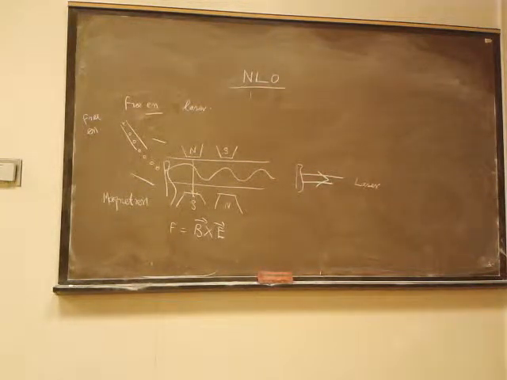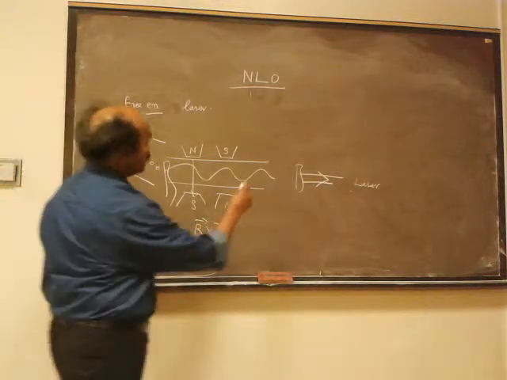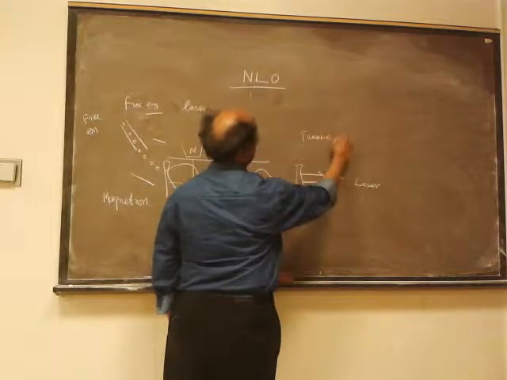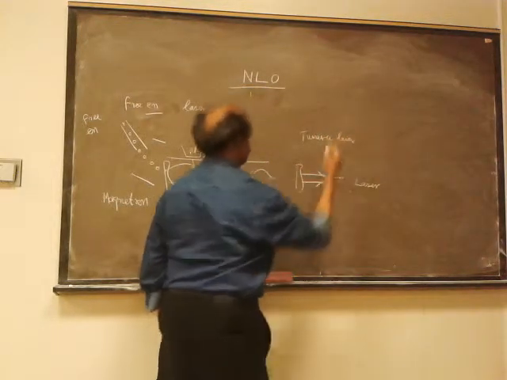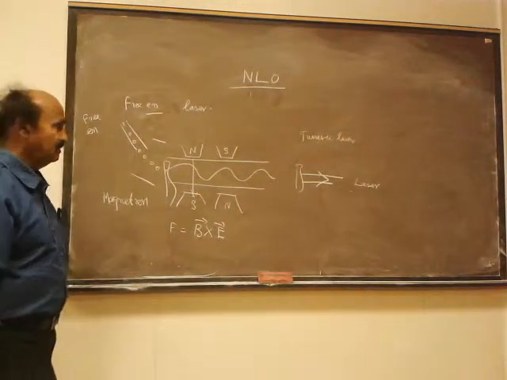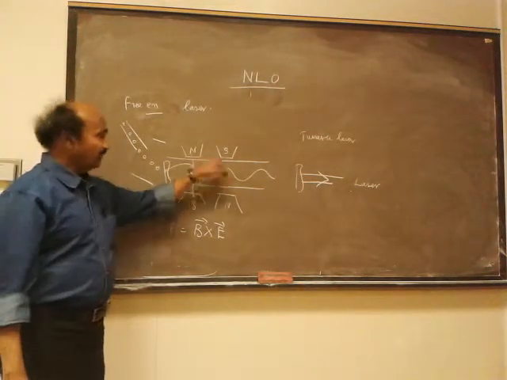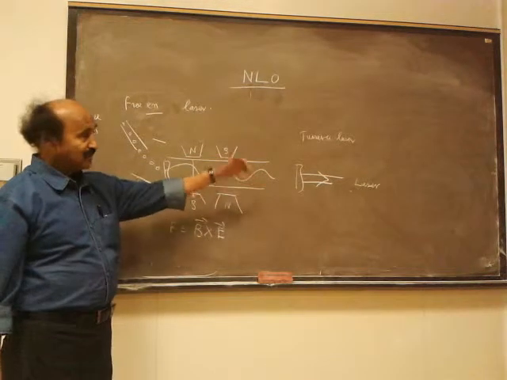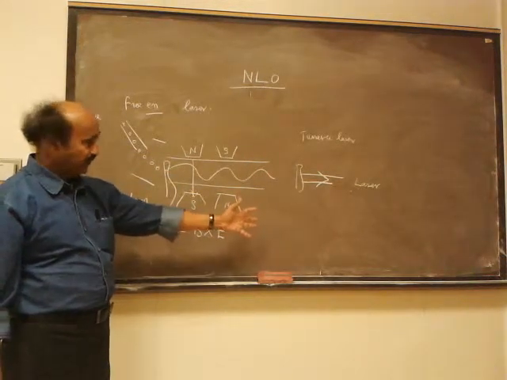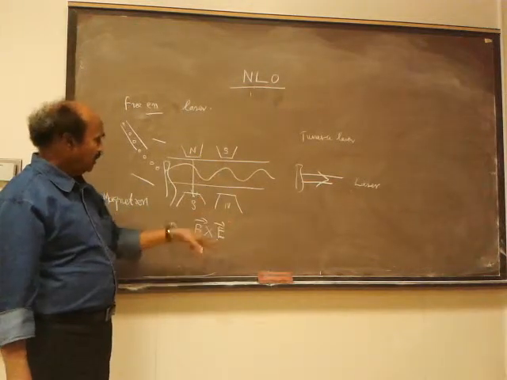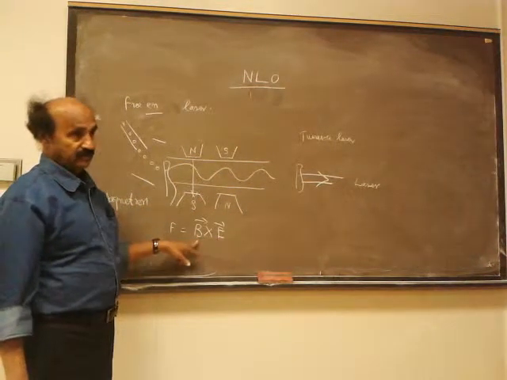Next step. This is again a tunable laser. How can you tune the laser? Very easily you can see. The electromagnetic wave which comes out as a coherent radiation has to depend on the electric field, magnetic field. Not really.